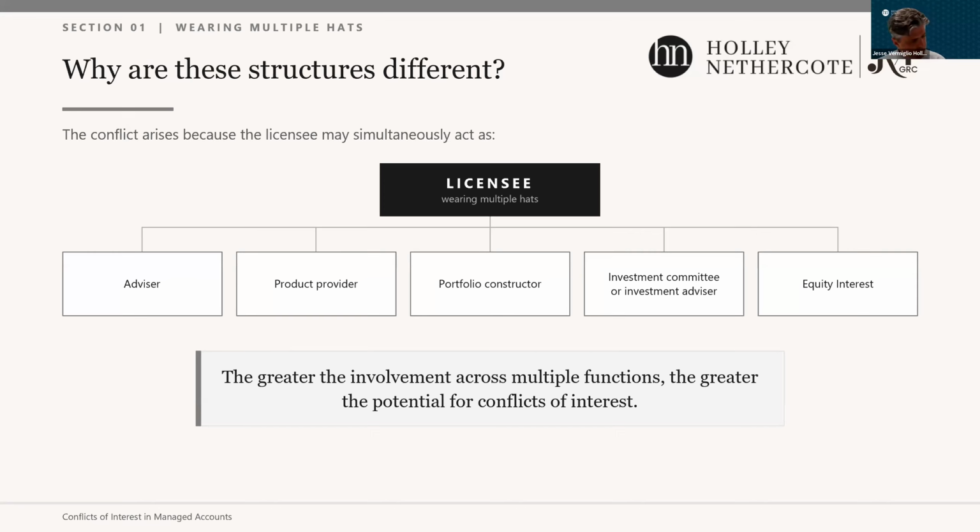So they may be an advisor, a product provider, involved in portfolio construction, involved in the investment committee, or an investment advisor, or they might have an interest in any of the businesses along the chain in the provision of the financial services where an MDA is involved, or a managed account for that matter. So whether it be relationships, structures, duties, or individual conflicts, there is the potential for conflicts of interest to arise throughout the chain.